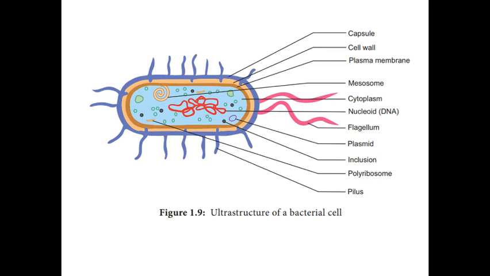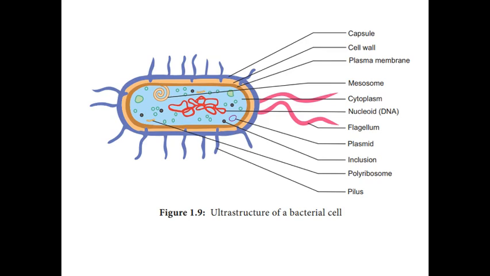The number of plasmids per cell varies. Plasmids are classified into different types based on their functions, and some of them are the F plasmid, known as the fertility plasmid, the resistance plasmid, known as the R plasmid, and the col plasmid, known as the colicin plasmid.